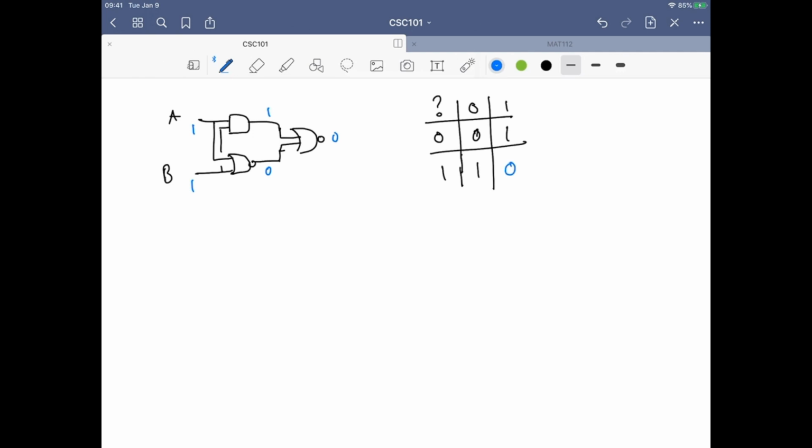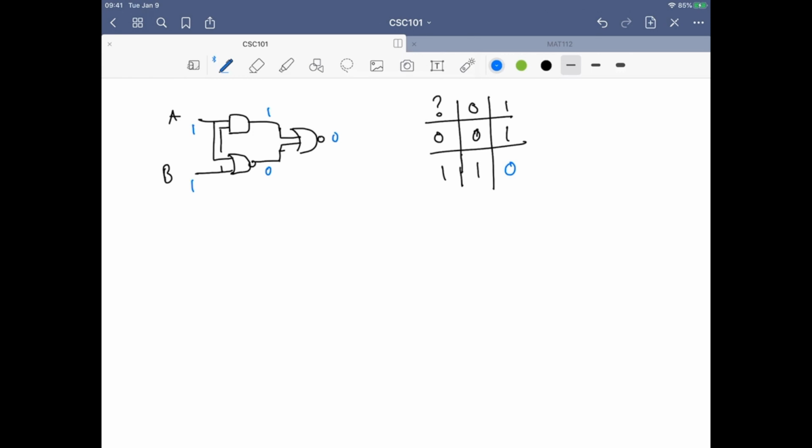Okay, so now we have this truth table for this mystery circuit, right? First off, do we agree that we have everything filled in correctly on the truth table for the mystery circuit? Okay, good. Now, which circuit is that? Is there a circuit component in our reference sheet that has exactly that?